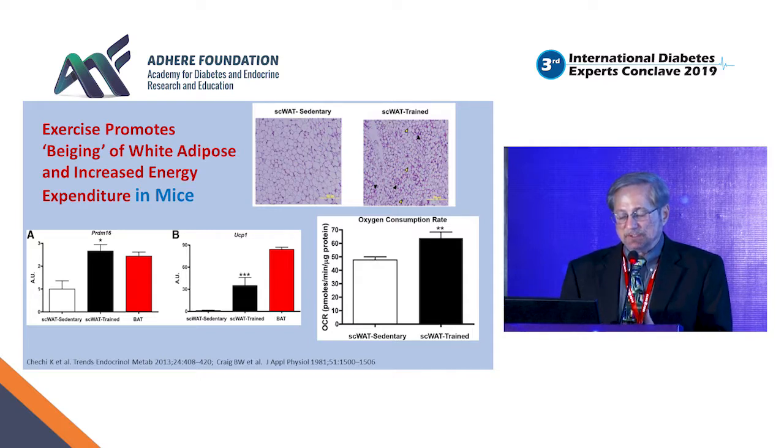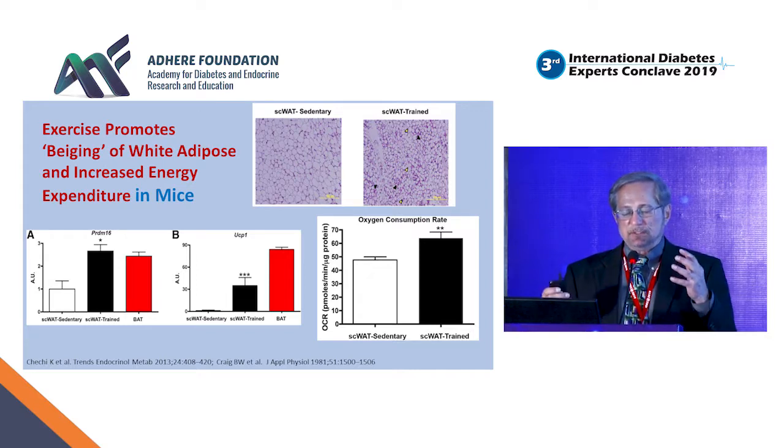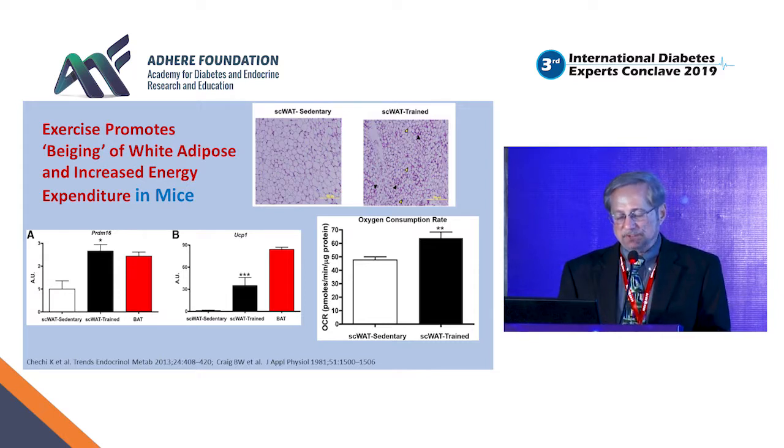In the middle, you see induction of uncoupling protein 1, about 40% of the level observed in brown fat. And you see mitochondrial activity, oxygen consumption rate, increasing in white fat from these trained animals. So in mice, this works great. Exercise causes beiging of white fat, and this does enhance metabolism.